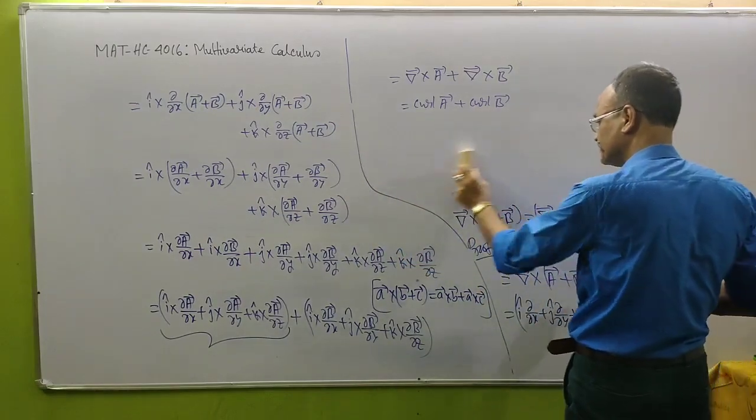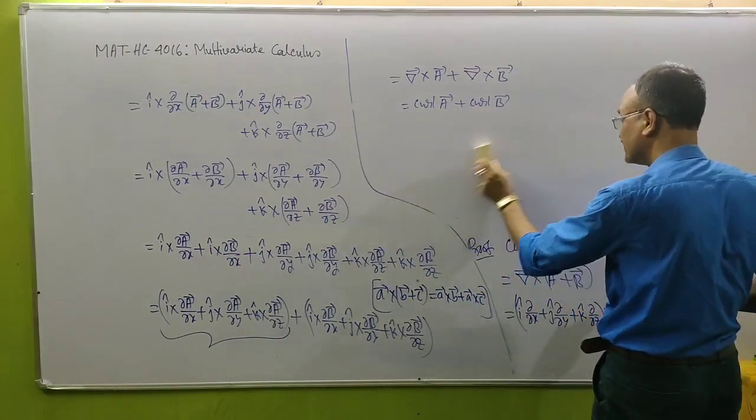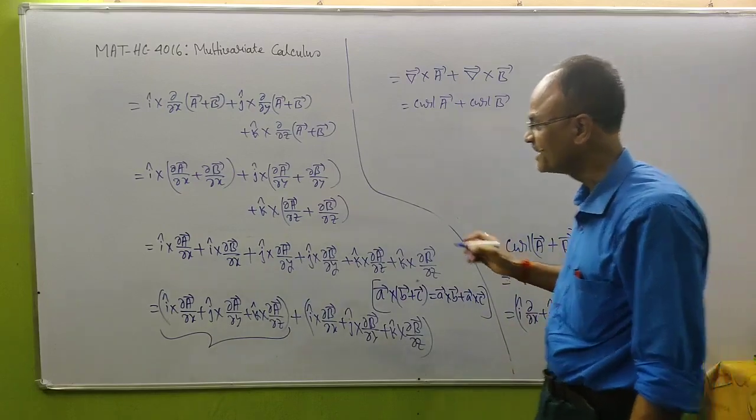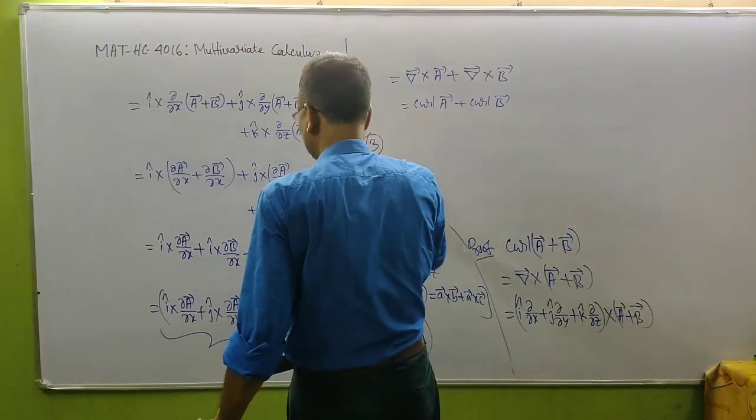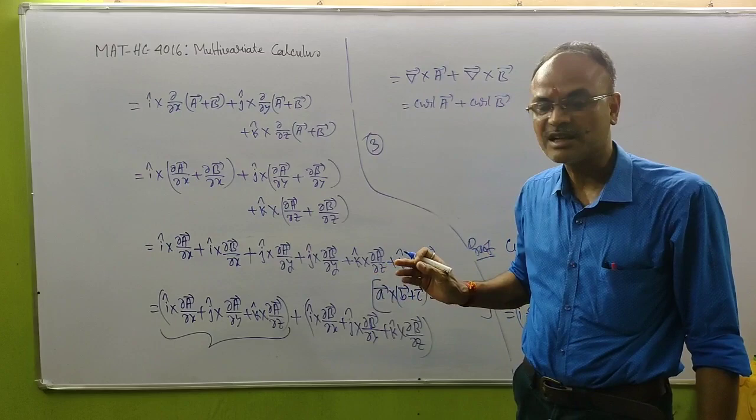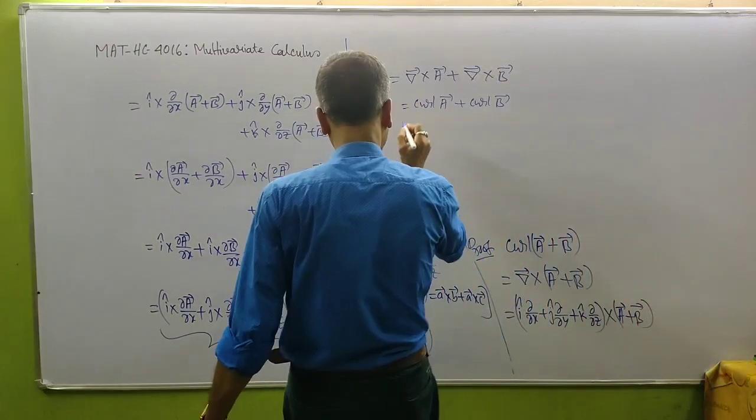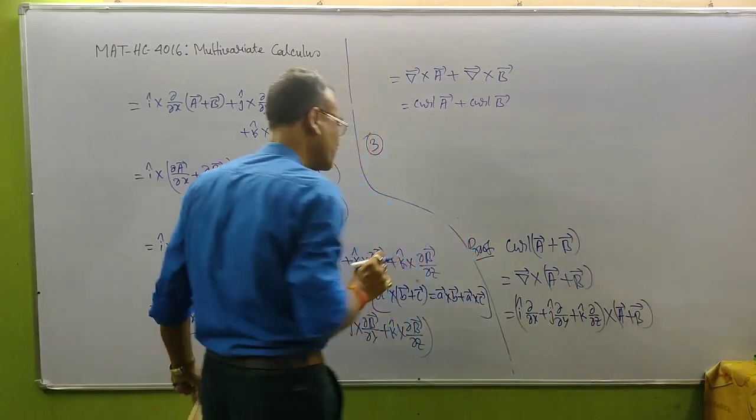Number 3. The first two identities are very simple. Number 3: phi is a scalar point function.